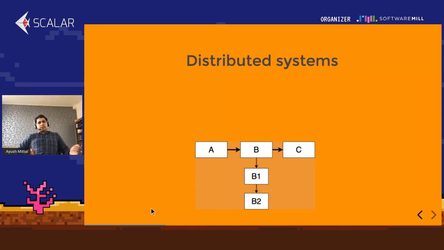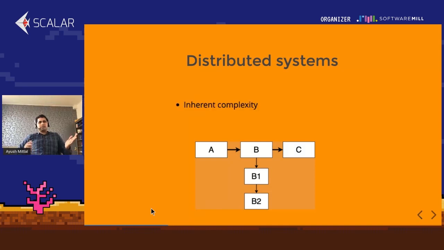The three microservices combine together to serve a single request, with A being the entry point of the request. Interactions happen between A, B, and C. The microservice B internally also has a need for B1 and B2. These could be a database call or a Redis call that B is making internally. So we see that distributed systems interact with each other to serve a single request.